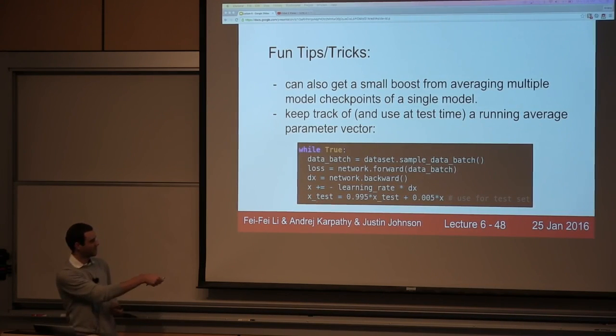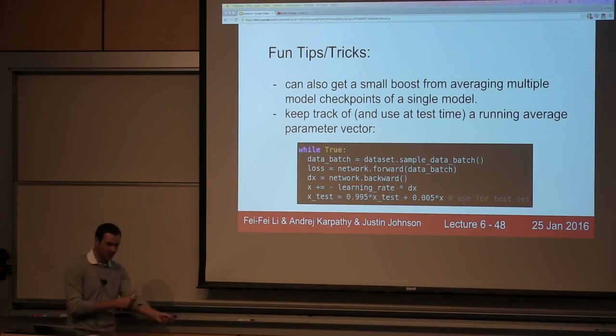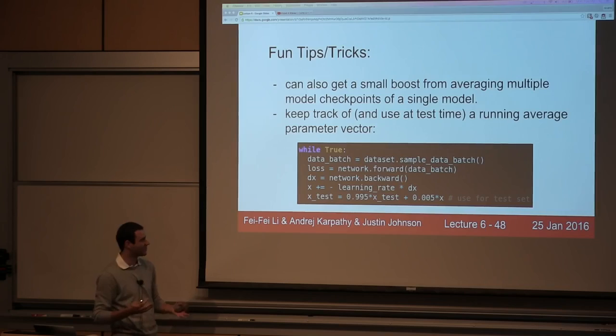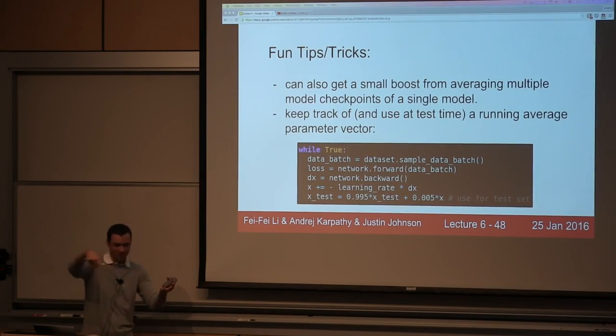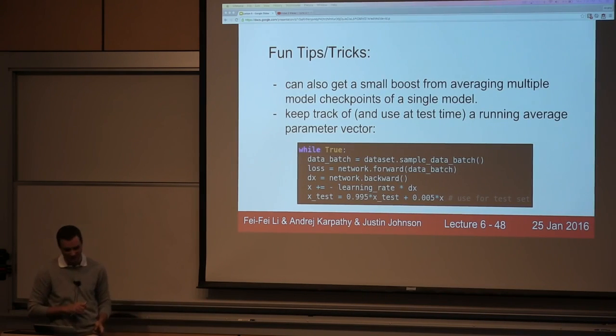It's difficult to interpret, but one way I can hand wave about why this is a good thing to do is to think about optimizing your bowl function and stepping too much around your minimum. Then taking the average of all those steps gets you closer to the minimum. That's the hand waving I can do for why this works slightly better.